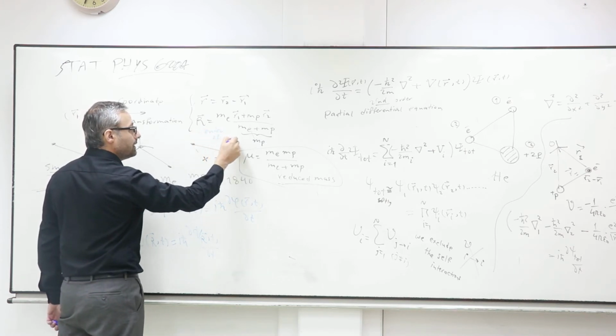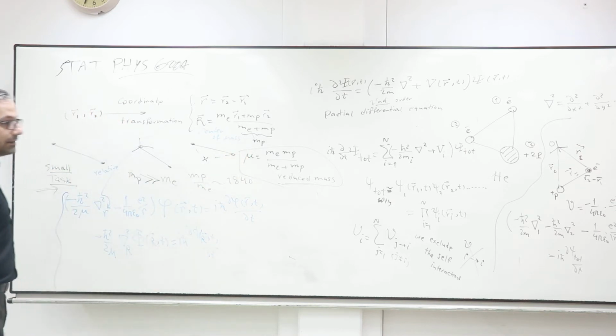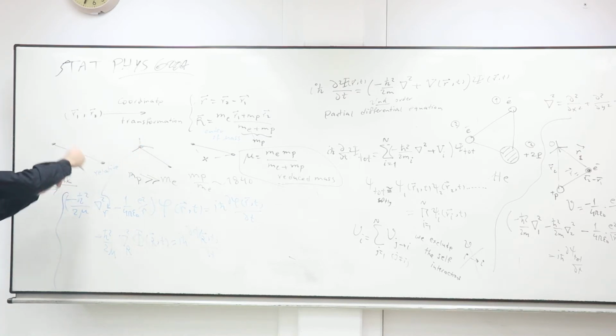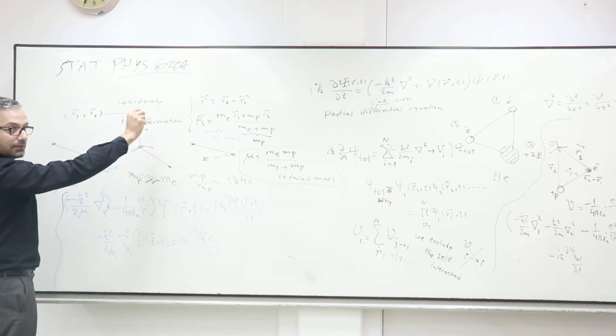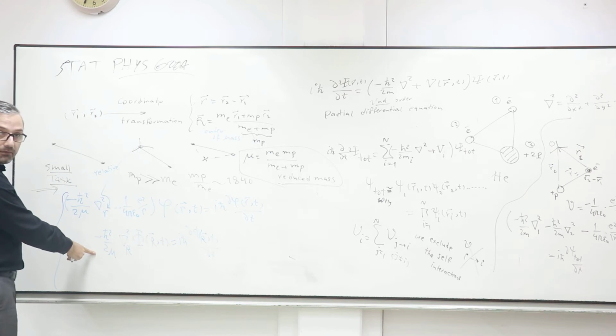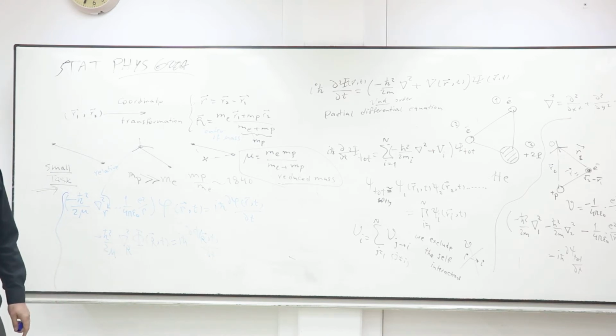So I split the dynamics of the hydrogen atom into the dynamics of really two independent systems. The first is the motion or state of the relative position, and the second is the state of the center of mass. So we need to find the Schrodinger equation for two independent particles.